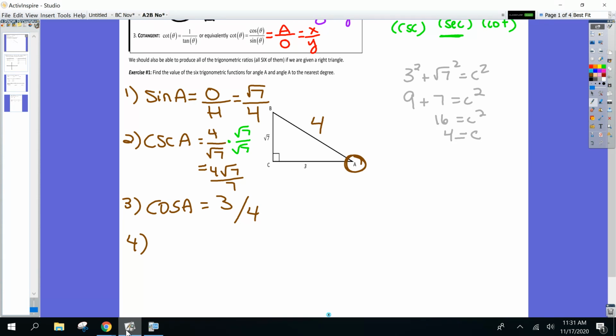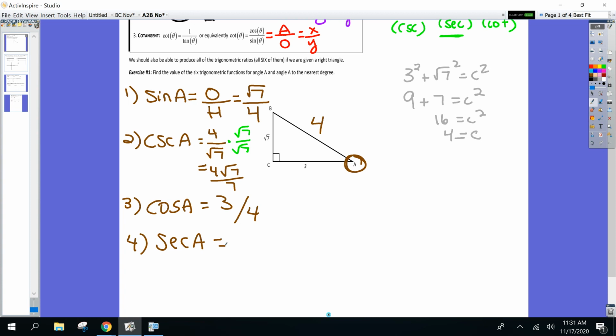All right. Okay, Katie. We just found cosine A. What did we call our new function that's related to cosine? Secant. Good. So we'll find secant now because how do I find secant? I just do what? 1 over the cosine. Well, I don't even need to do that. I already know cosine's 3 over 4. So just hypotenuse over adjacent.